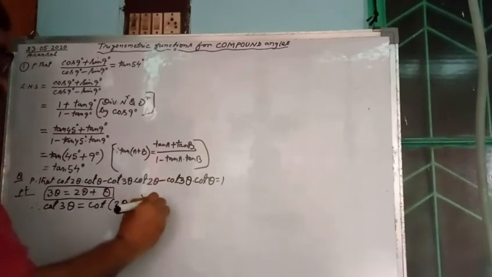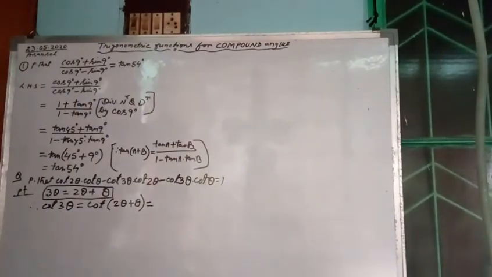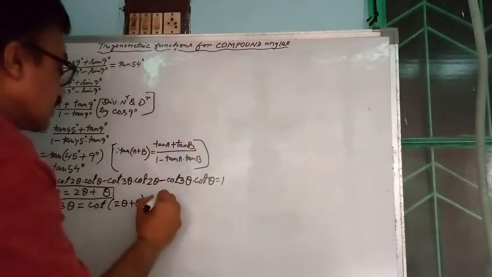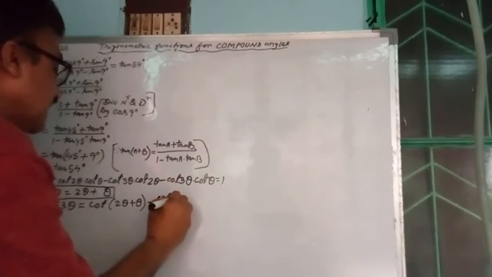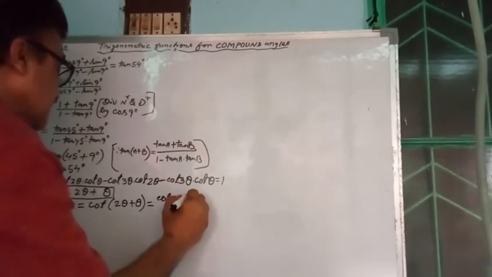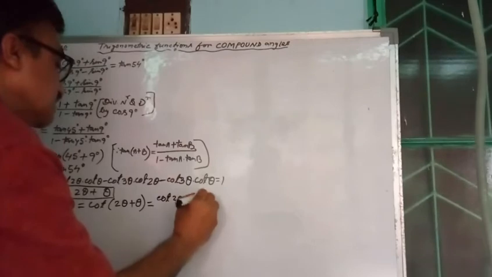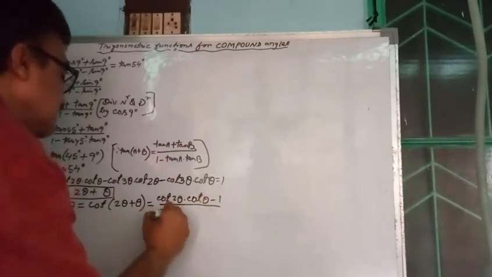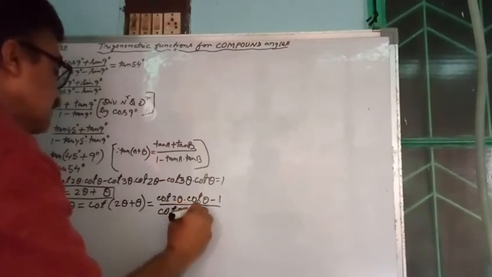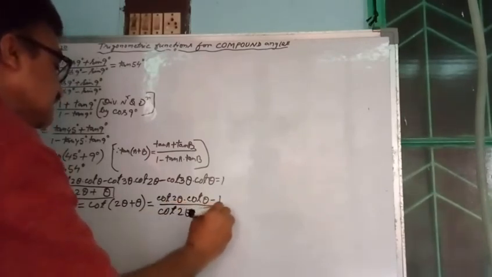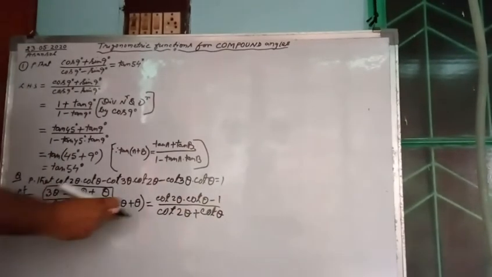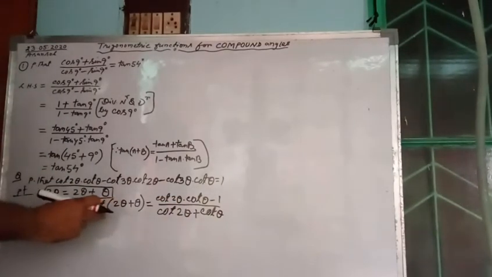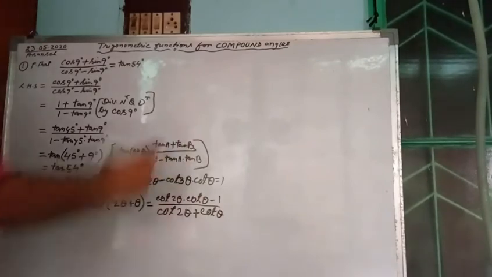So cot A plus B, we have done it before, can be written in the form of (cot A cot B minus 1) by (cot B plus cot A), that is cot 2 theta cot theta minus 1 by cot 2 theta plus cot theta. We have broken this using the formula of cot A plus B.